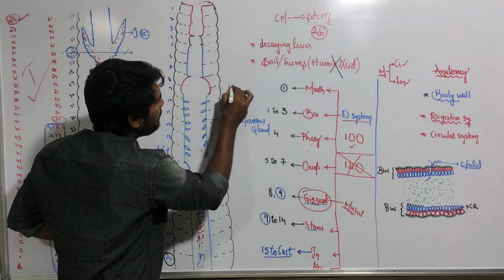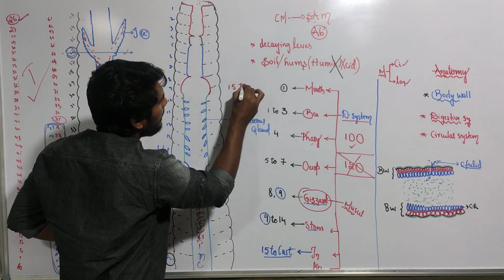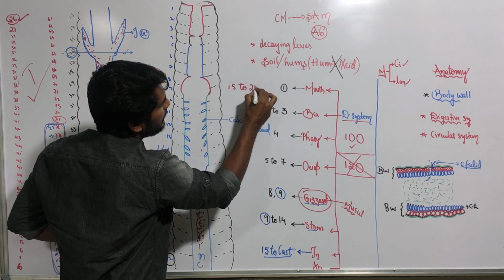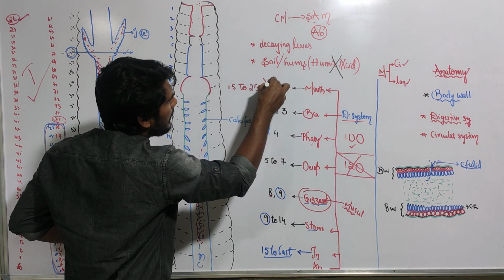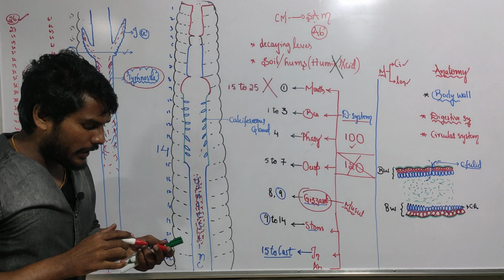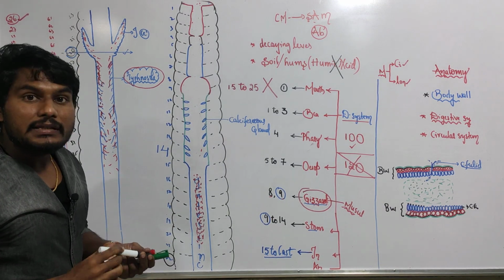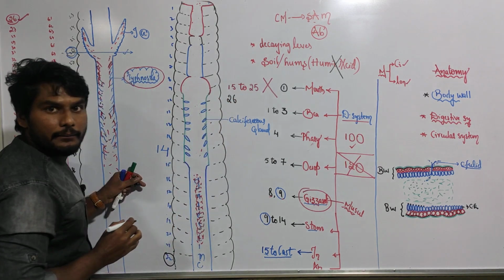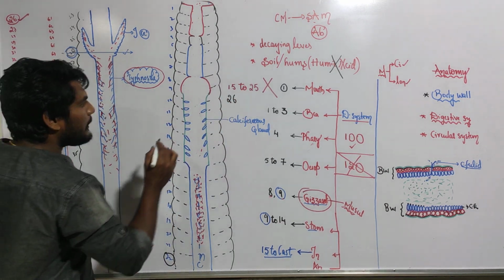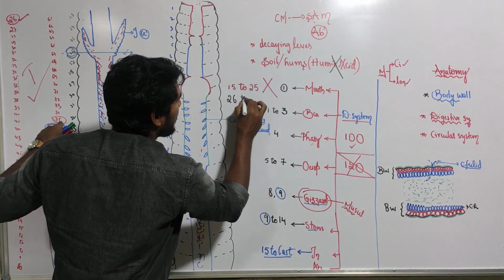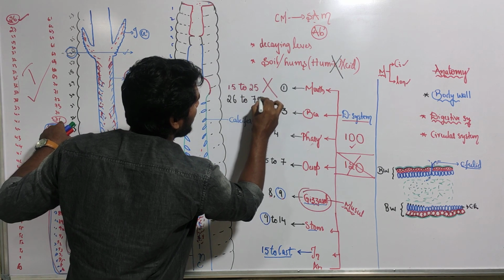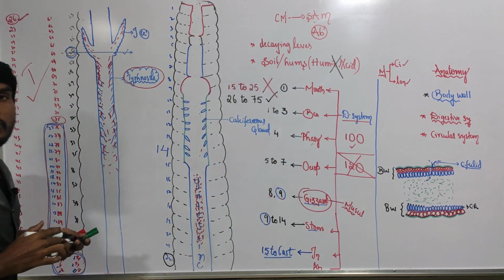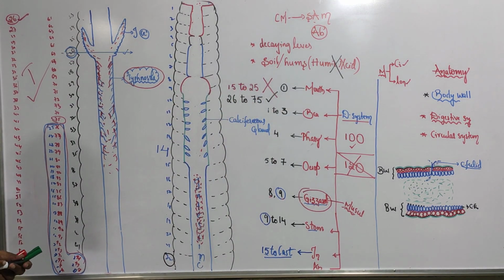And where does the typhlosole start? It starts from the 26th segment. Up to which segment is it present? Up to the 75th segment it is present.